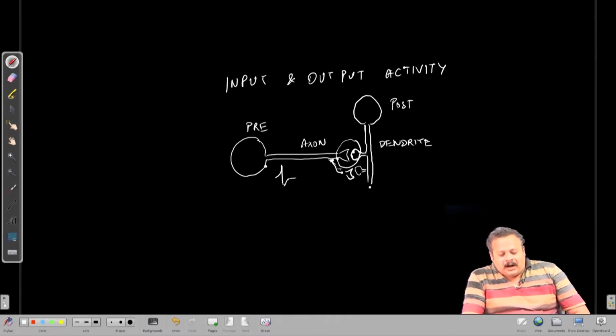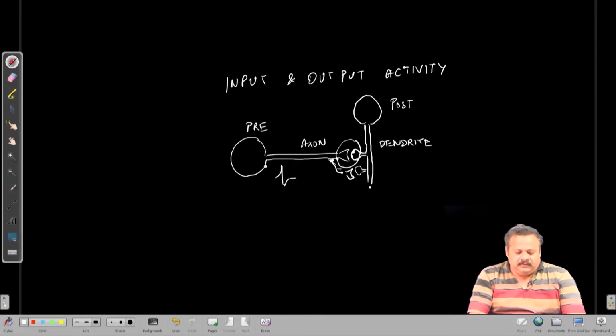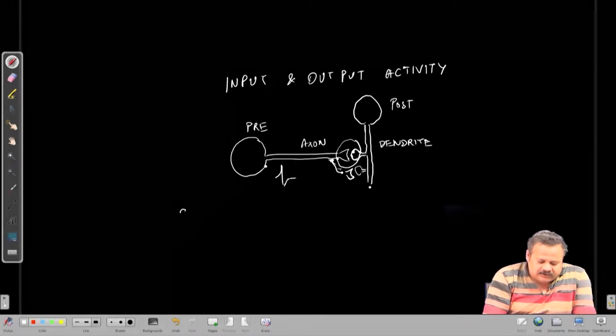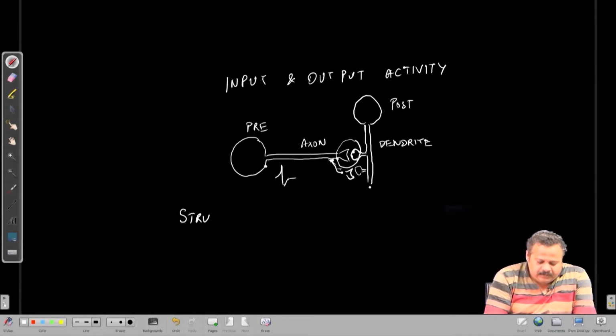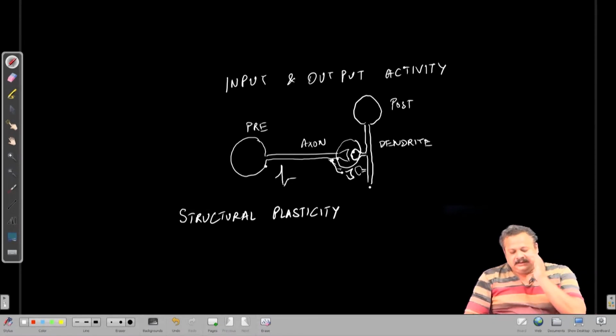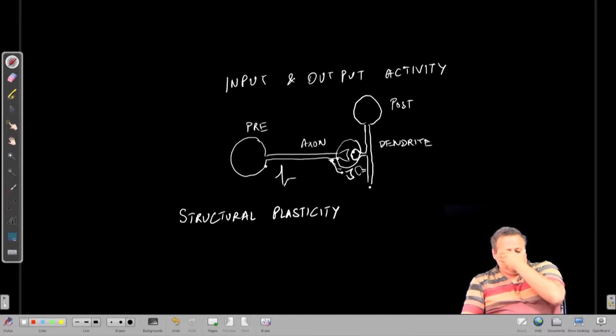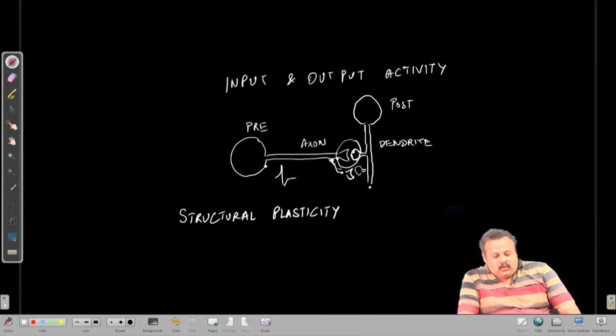So what are the types of plasticity? First of all, we have what is called structural plasticity. In structural plasticity, we essentially mean that there were no synapses originally, and new synapses are forming between two neurons.